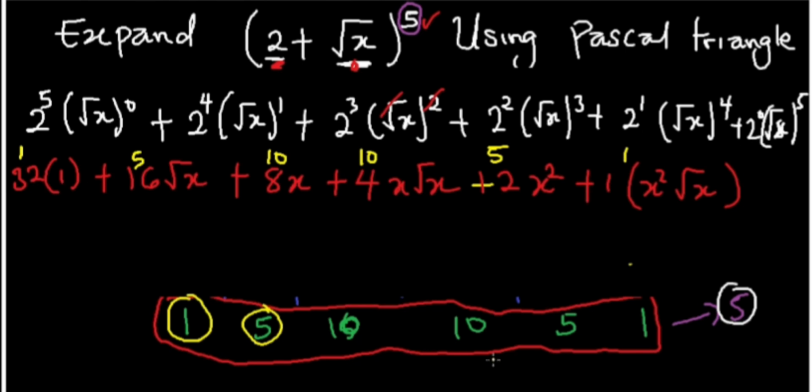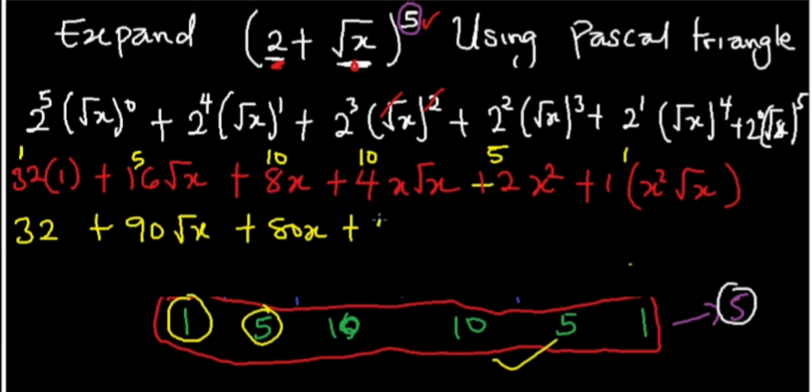Right? Just share these guys into this expression. So 1 times 32 will give you 32. 5 times 16, that should be 80 with x. Yes, 80. 8 times 10 is 80x plus 40x root x plus 5 times 2 is 10x squared.